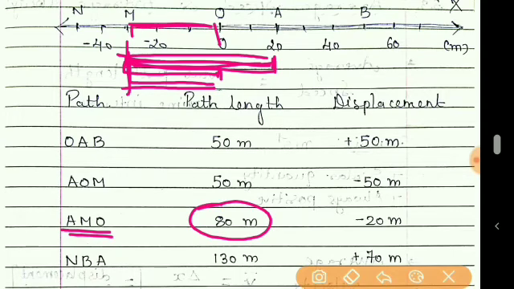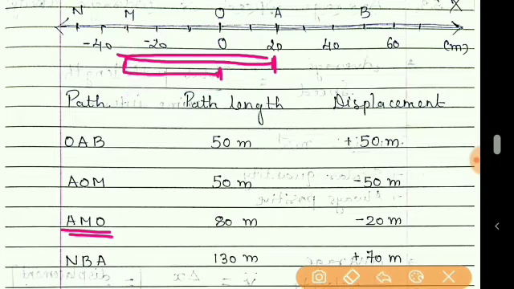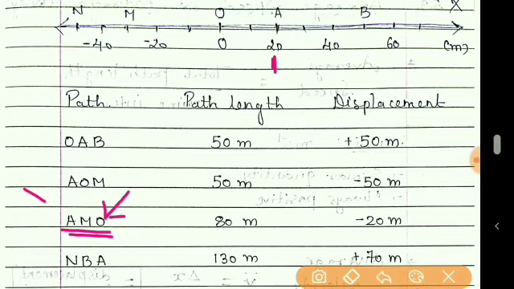But now about displacement. For displacement, now we will consider only final position and initial position. What is final position? It is point O. And what is initial?